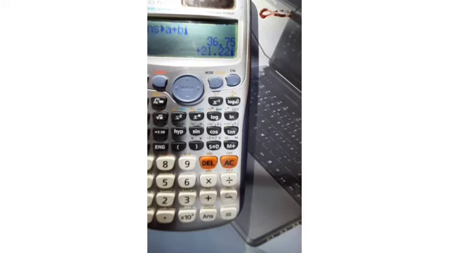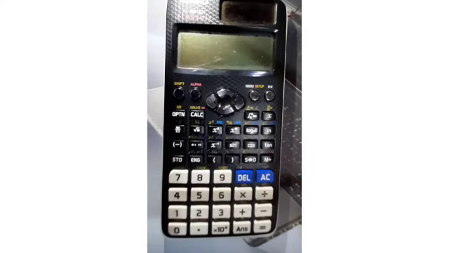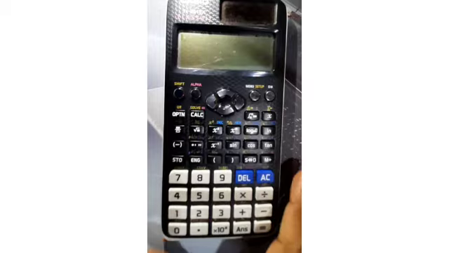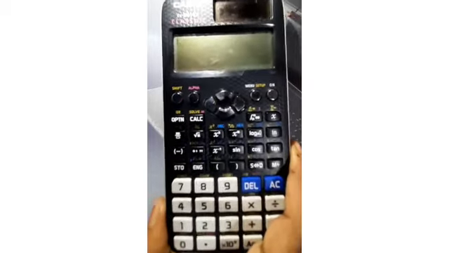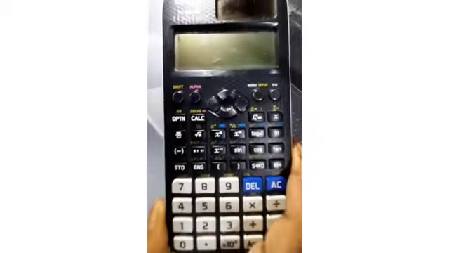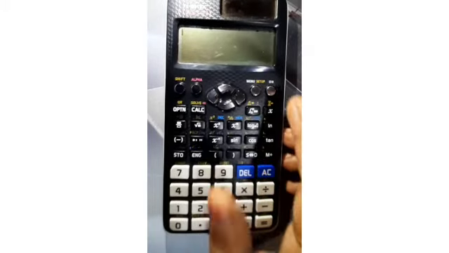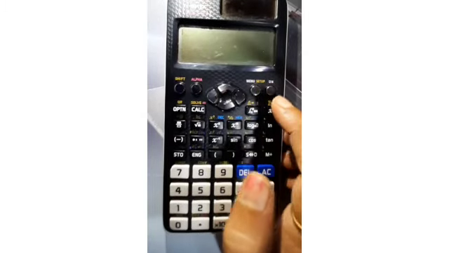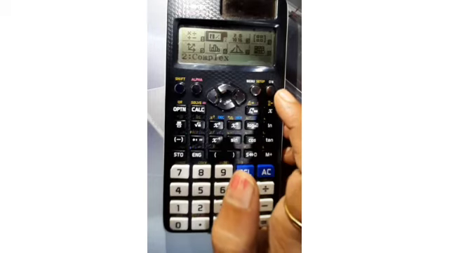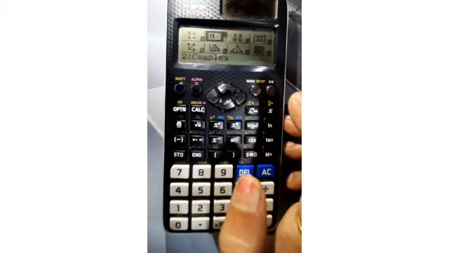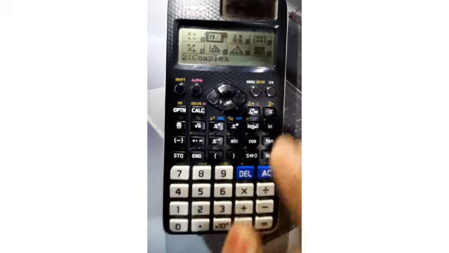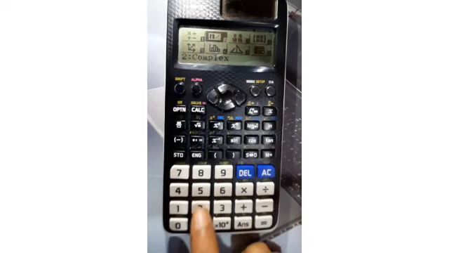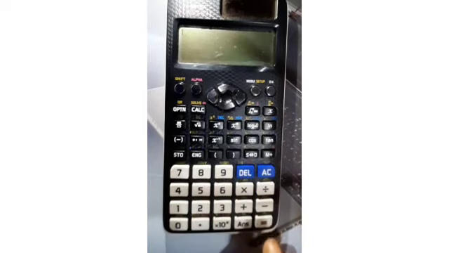Okay. Now let us see the same example with this calculator, that is the fx-991EX. So again turn on your calculator, press the mode button. Okay, the second display is complex, so press 2.